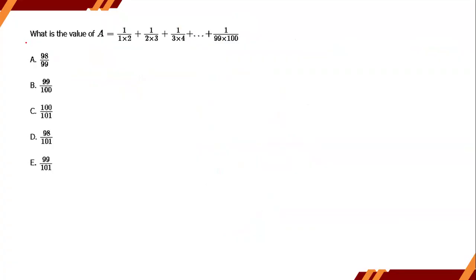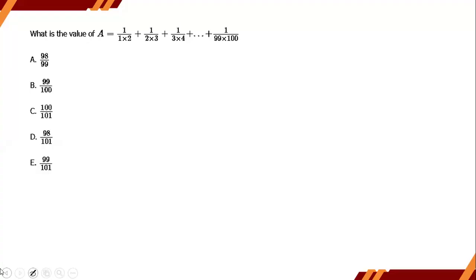What is the value of A, which is equal to 1 by 1 into 2, plus 1 by 2 into 3, plus 1 by 3 into 4, and so on up to 1 by 99 into 100? It's a huge sum, and definitely it's not possible to calculate in the given time.